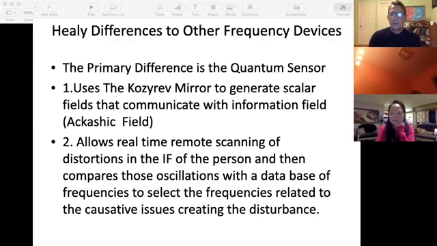That process is what allows the sensor to break through the time constrictions and access higher dimensional energies, higher dimensional information fields that exist on higher dimensions of consciousness.